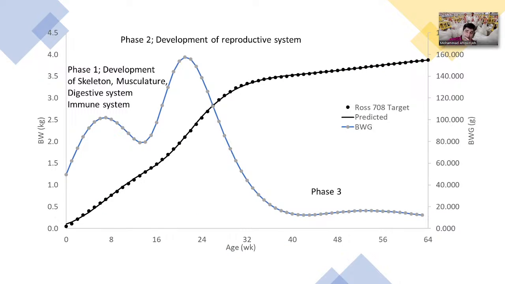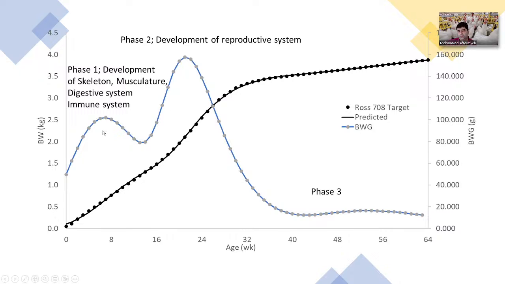In my recent video I talked about the broiler breeder growth curve, and as I showed you, we can plot the growth data based on the age and we can get this black line. So this is the growth curve, but how can we use it? What does it tell us?